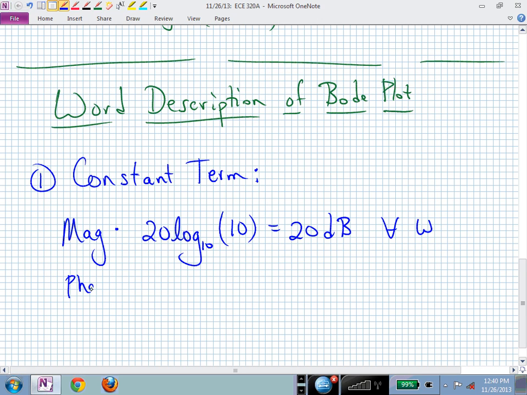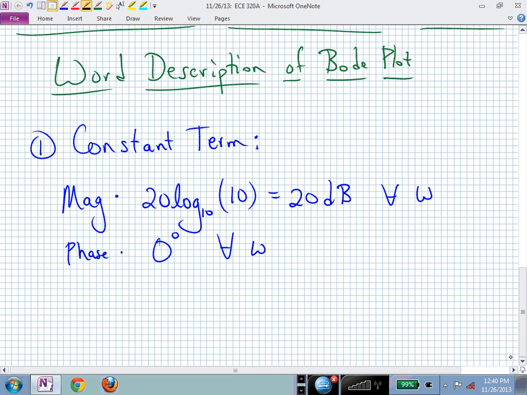What's the phase of this constant number 10? What's the angle of 10? And that's not a function of frequency either. That's for all frequencies. And we're done. That's the first term.